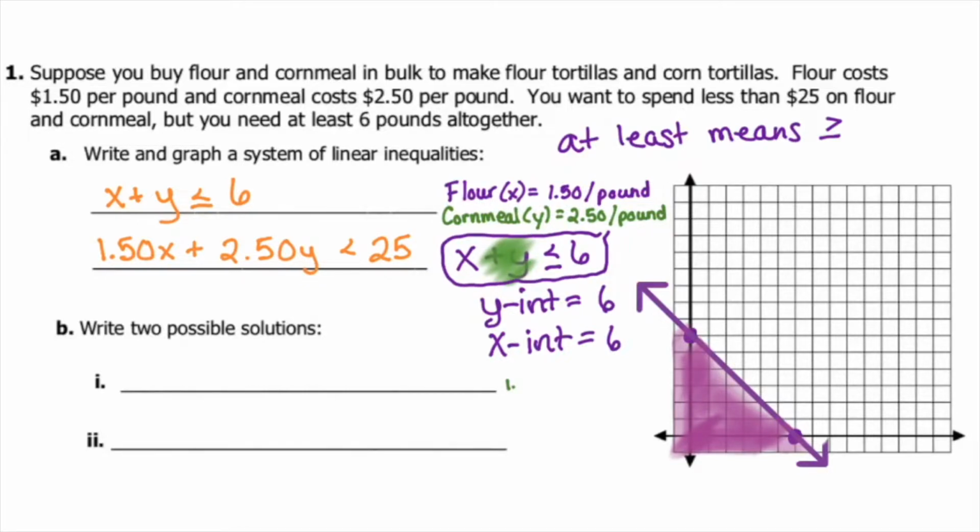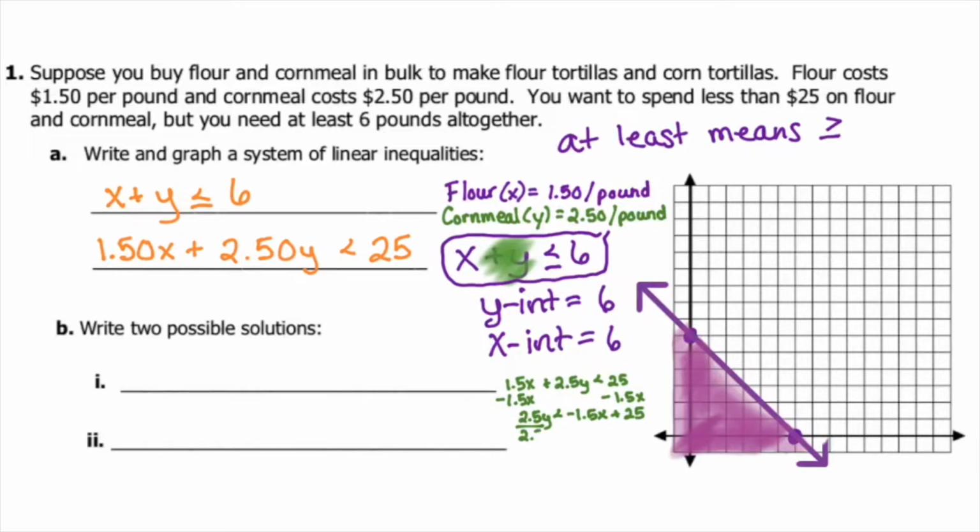All right, so for the second line, you have 1.5x plus 2.5y less than 25. I'm sorry it's so small, but I'm running out of space, so I had to make it a little smaller there. So you're going to subtract 1.5x on both sides. Then you have 2.5y is less than negative 1.5x plus 25.